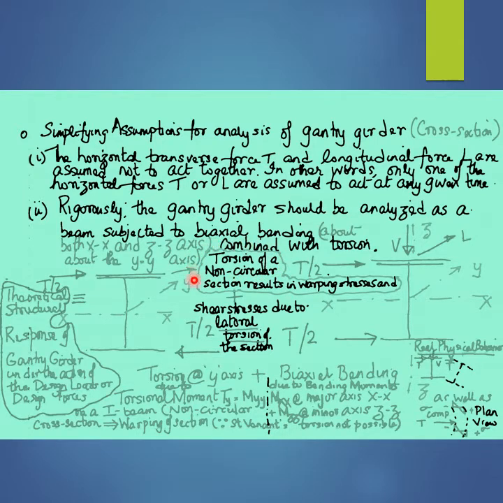The torsion of the non-circular cross-section results in warping of the cross-section, a complex physical phenomenon that is observed in structural beam elements subjected to torsion that do not have a circular cross-section.